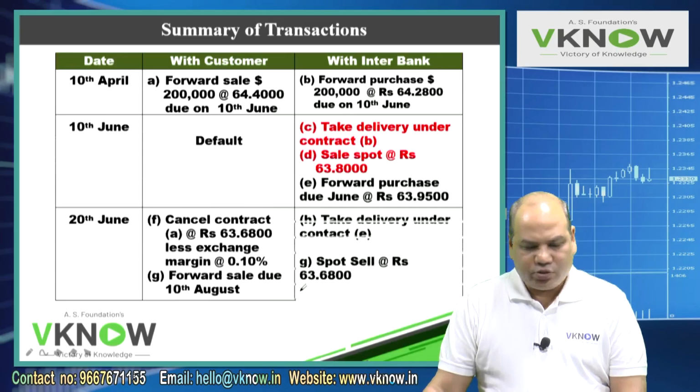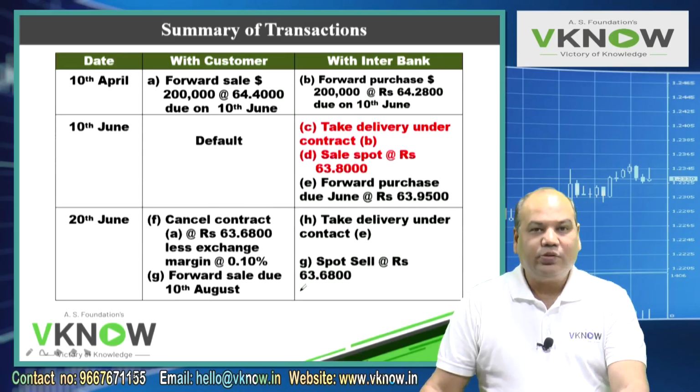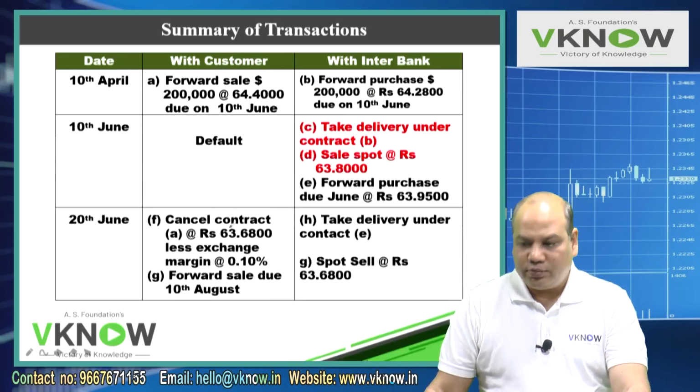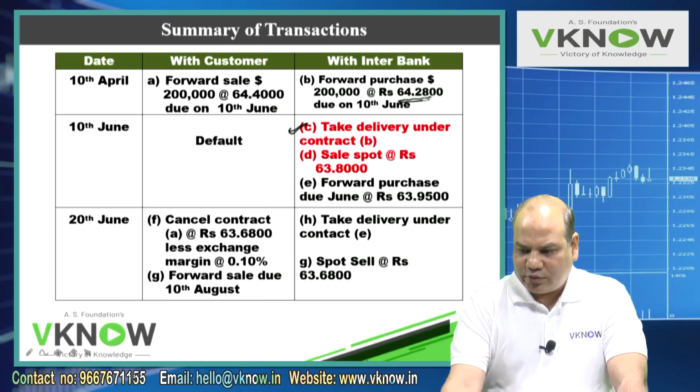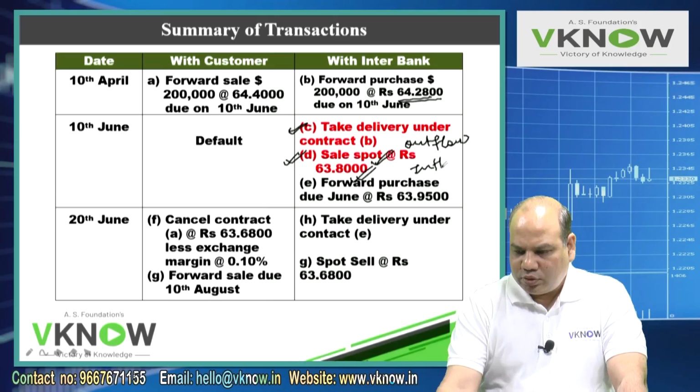What is my next question? Next question is interest on outlay of fund. Let us look at the summary of transaction. In point number C, bank purchases $2 lakh at this rate, outflow, and the same dollar was immediately sold in the spot market at this rate, so inflow.